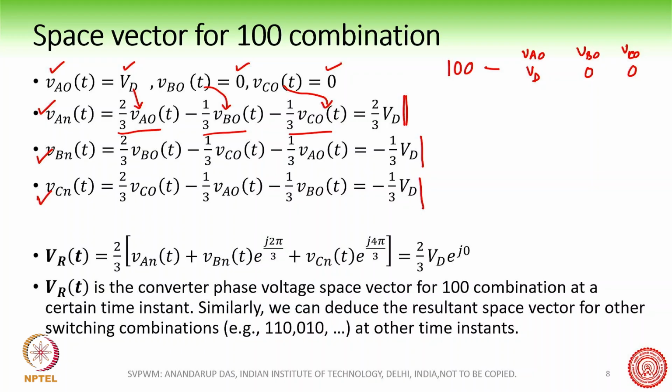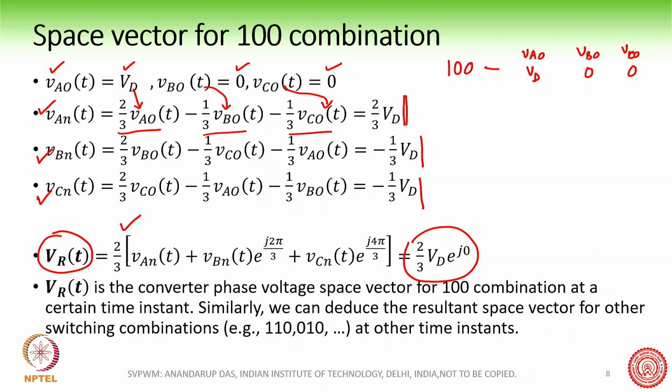So once you have got VAN, VBN and VCN, you find out the resultant converter phase voltage space vector, VRT. We have already seen the formula, and if you insert it, then at this time instant with this switching combination, we get a VRT which is 2/3 VD at an angle of 0 degree, e to the power j0.